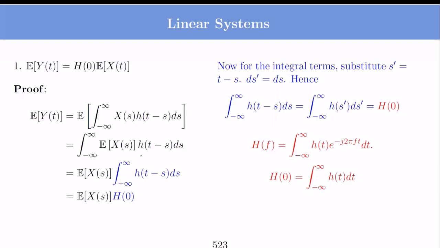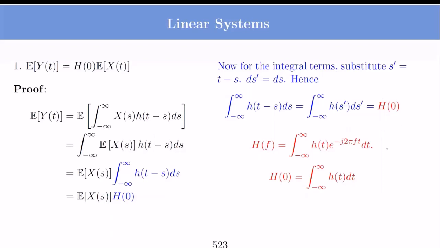Now we have to compute this particular function. To solve this, we substitute s dash equal to t minus s. In that case, ds dash is equal to ds. So when I make this substitution, I get h(s dash) ds dash, and the limits stay the same because it's minus infinity to infinity. Now if I integrate h(s dash) ds dash, I get H(0).